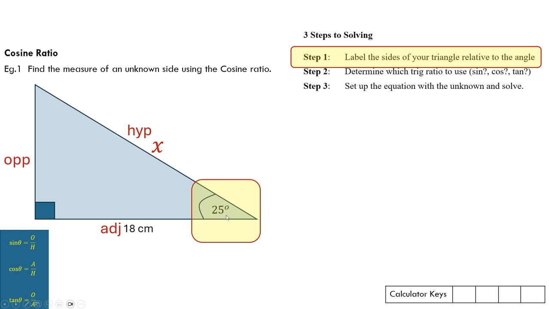So relative to the reference angle, we're looking for adjacent over hypotenuse. So we look over here on the chart and we find the trig ratio that deals with adjacent and hypotenuse, and that just happens to be cosine. We kind of knew that because up here the question asks us to use the cosine, but this just confirms it.